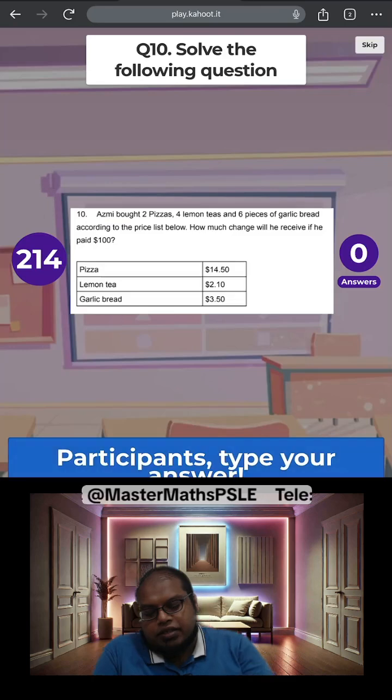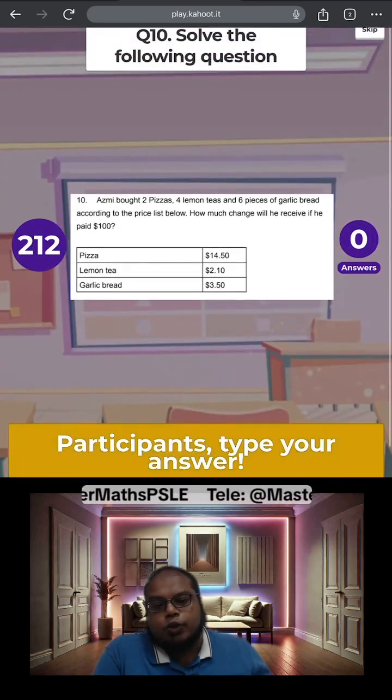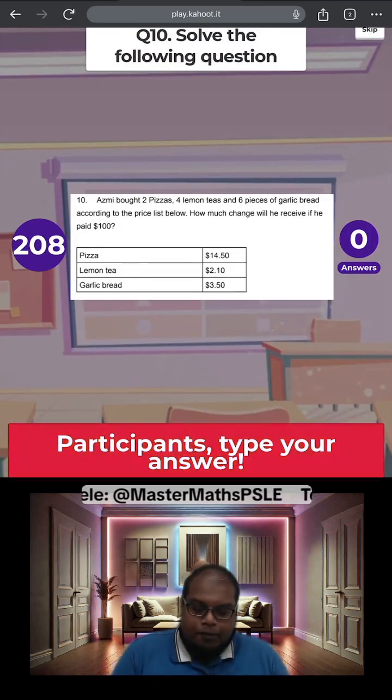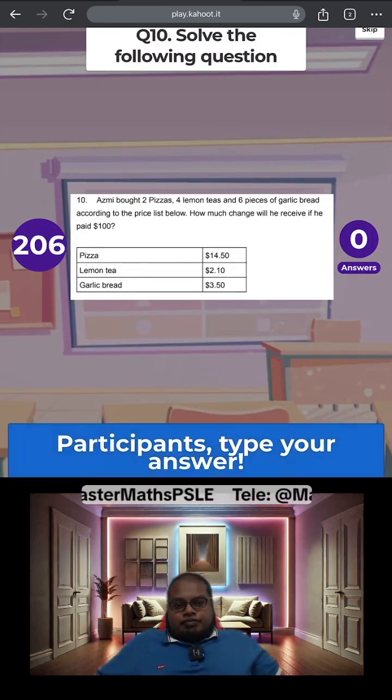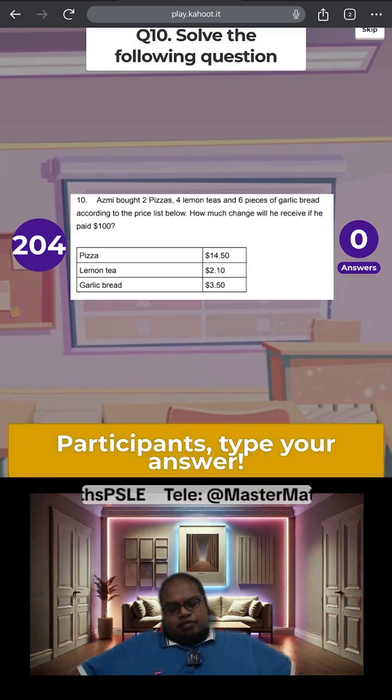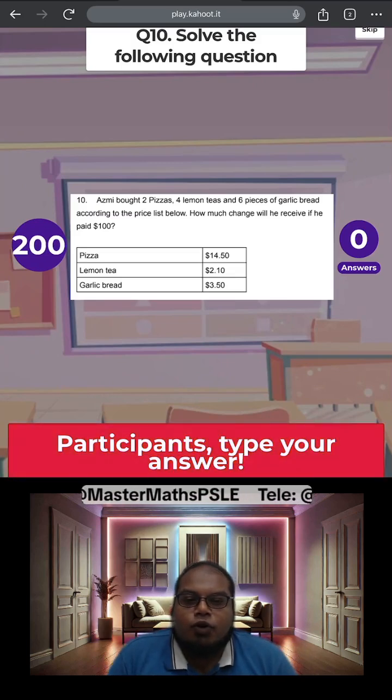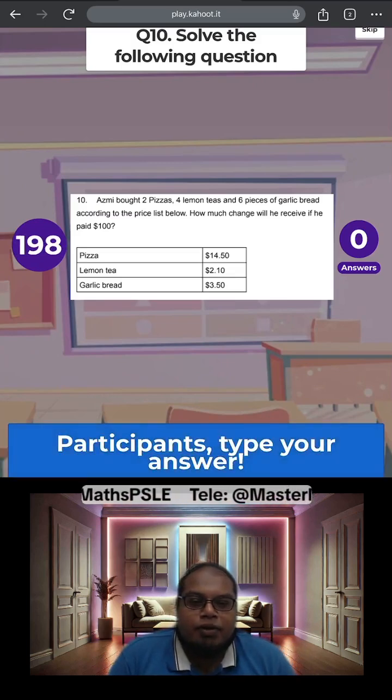And this is a money question, so best to put your dollar signs, don't forget. And I only accept dollar sign lah, don't put pound or RM, okay?